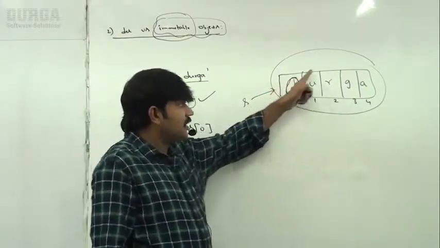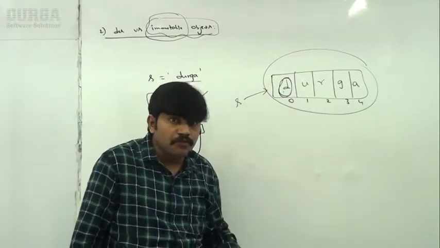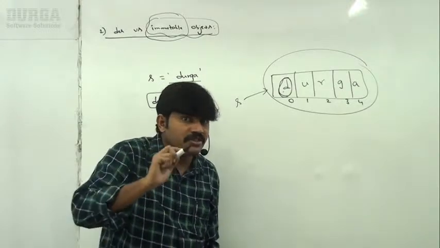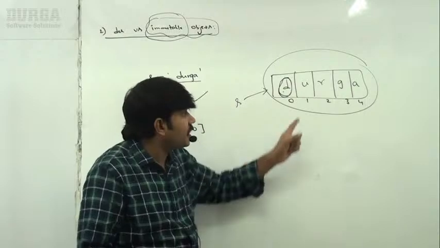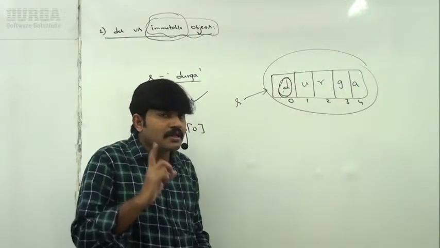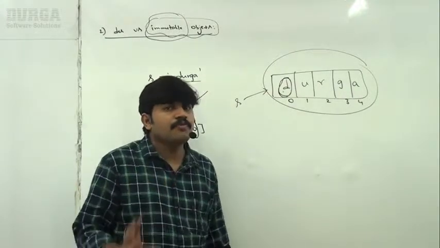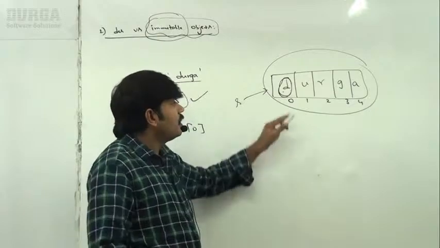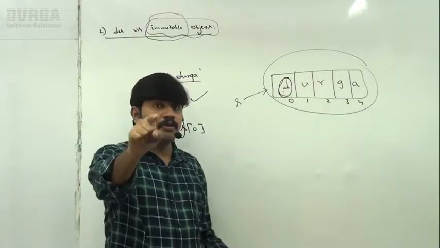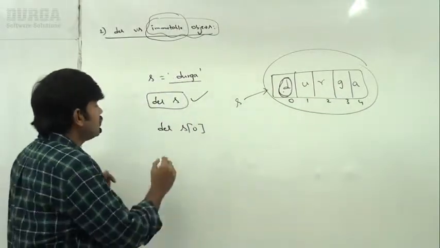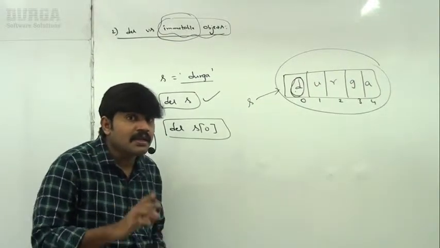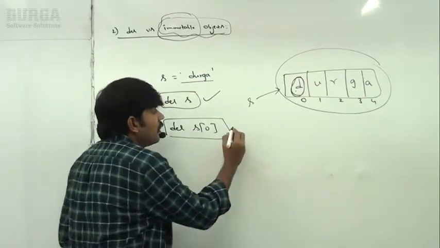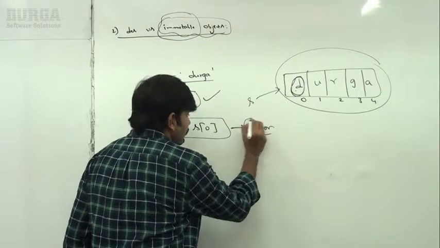But this is a string object which is immutable. You can't change its content. You can't add something. You can't remove something. Because it is immutable, the del keyword cannot be used to remove elements present inside an immutable object. So by mistake, if you take del S of 0, immediately we will get an error.